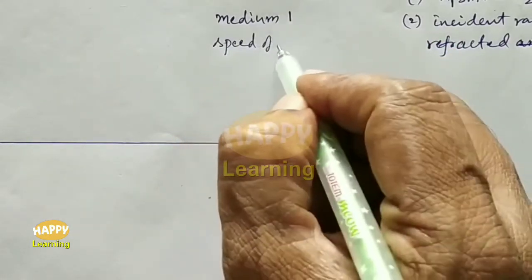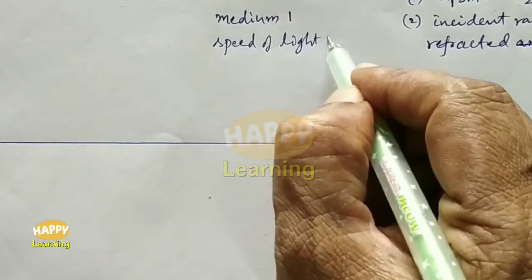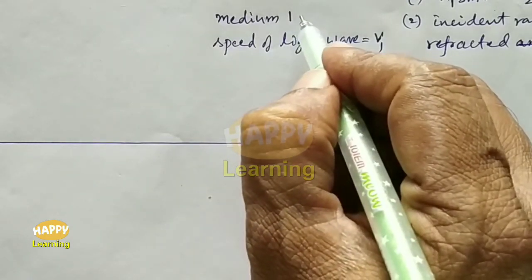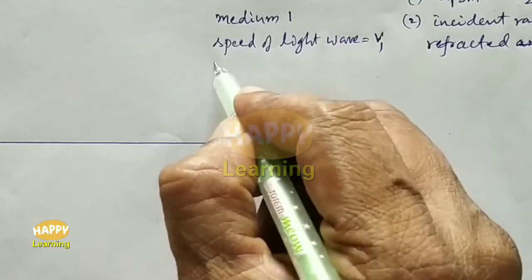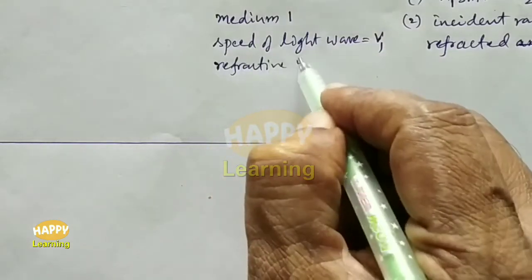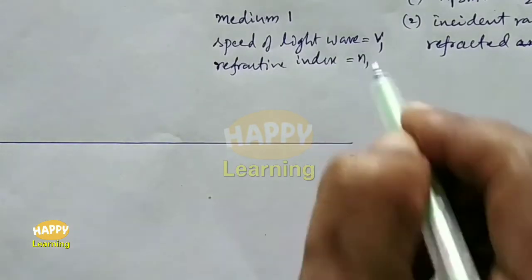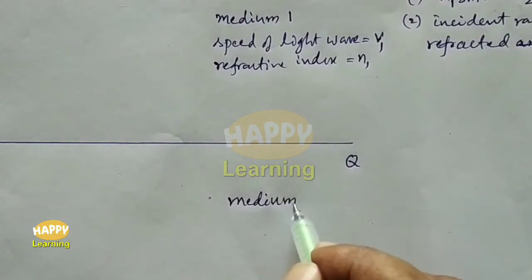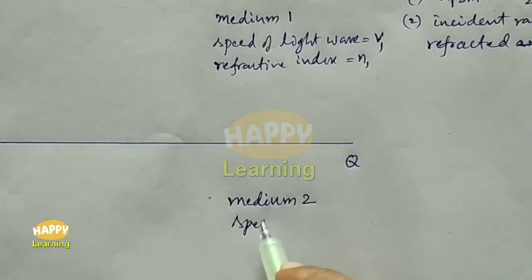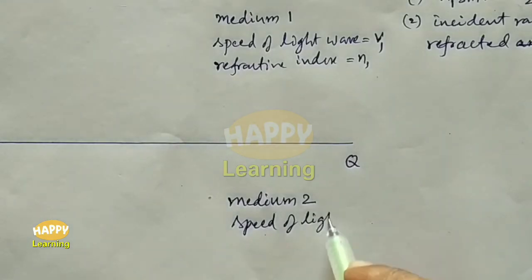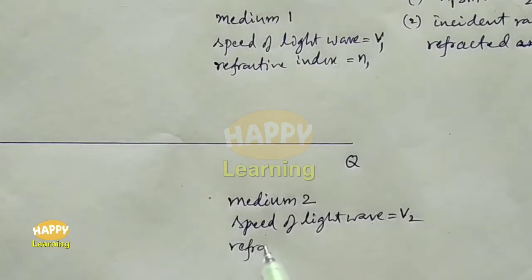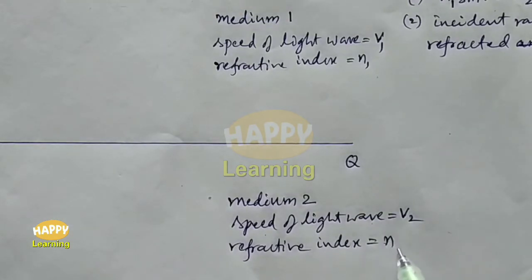Here the speed of the light wave is equal to v1. Here in medium 1, the refractive index is equal to n1. This is medium 2. Here the speed of the light wave is equal to v2. Refractive index of the second medium, let it be n2.